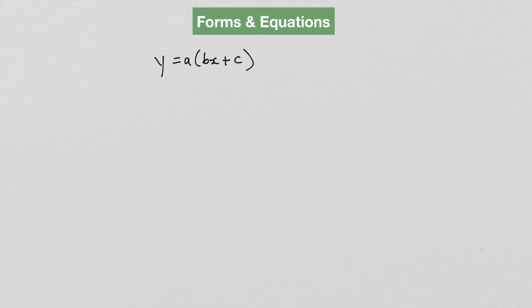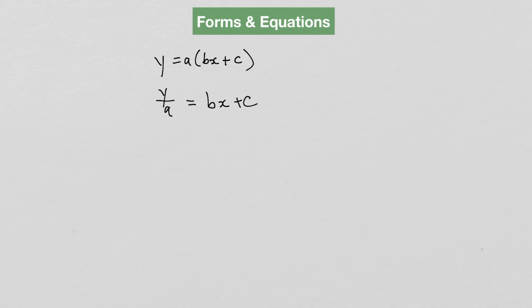So the first thing to do is to move this A over to the other side of the equation. And to do that, we have to divide both sides by A. And what we get is Y divided by A is equal to BX plus C.